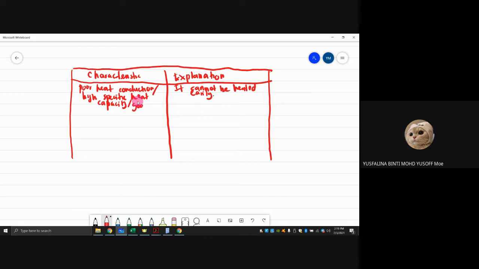So for this one, the answer is actually more than one. Good insulator, with the same explanation: high specific heat capacity, not heated easily, the temperature will not rise easily. Okay, so that's the answer for the first one. And then the second one, you can say add more ice, so the temperature will be lowered.